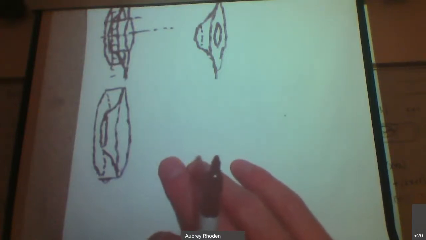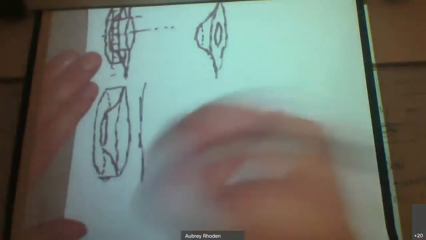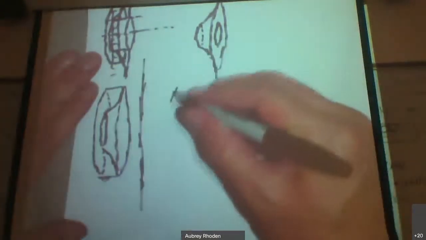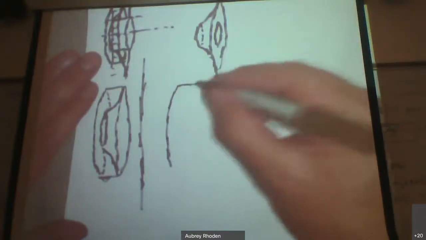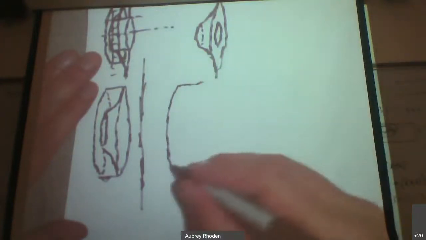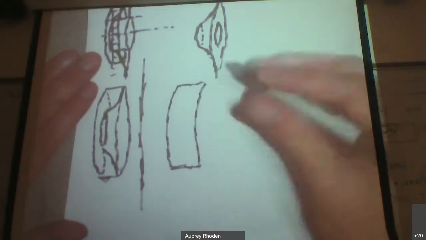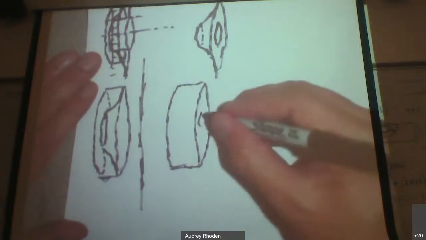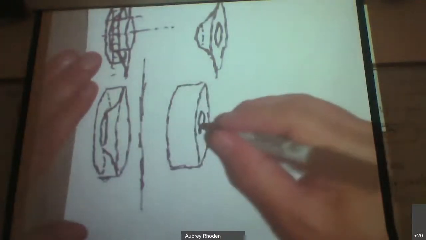So what can I do? If I want to use a shell method, why don't I take a big cylinder, it's already got a hole in the middle, just a little bit bigger.